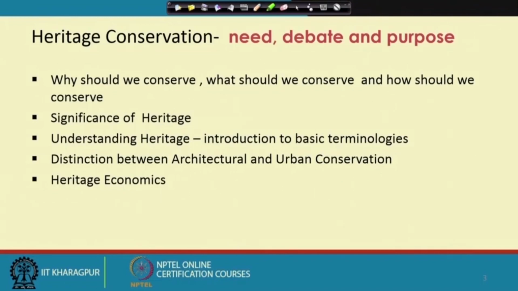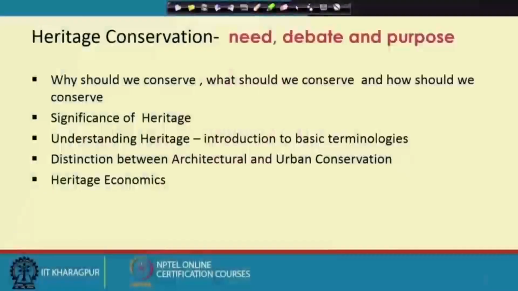Then I have mentioned the heritage economics. I will talk about that. I won't talk about the detail of the economics part, but we must understand this economics doesn't mean monetary terms. It is about what the return is, yes, but not always in monetary terms.